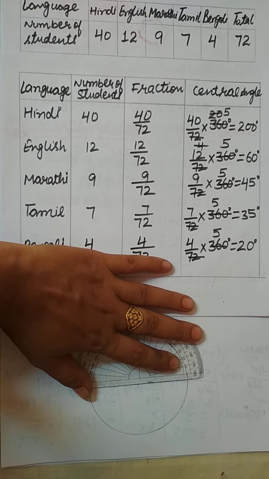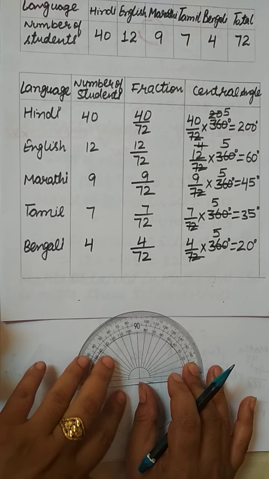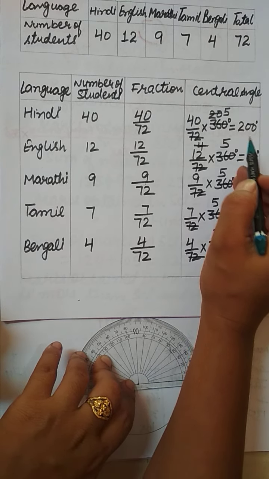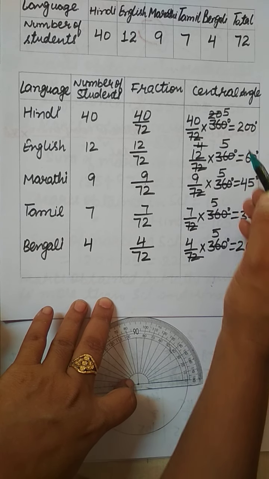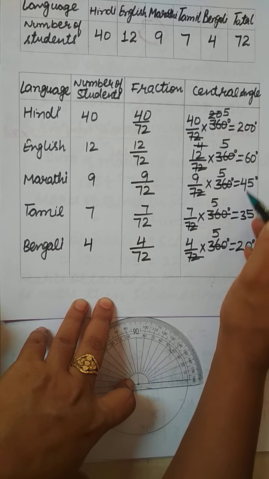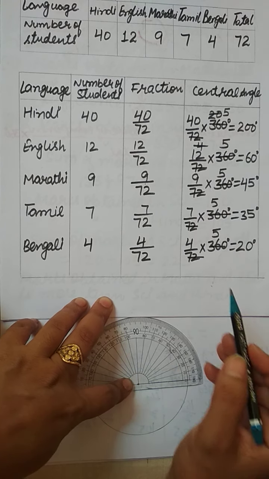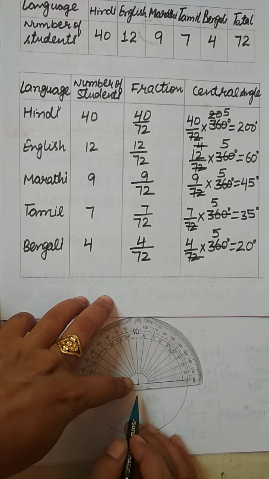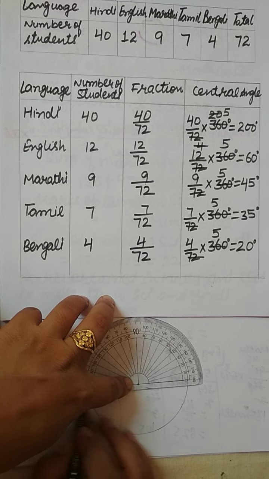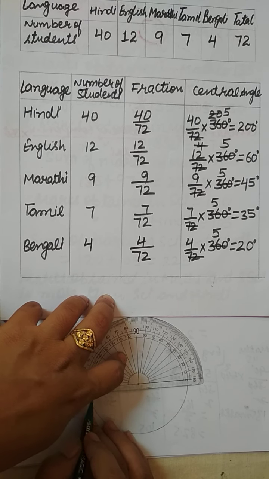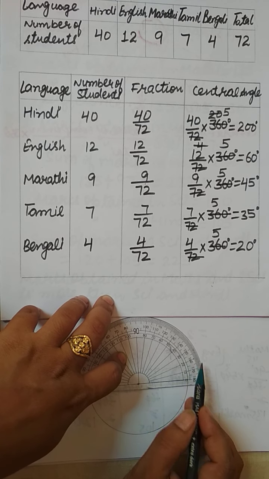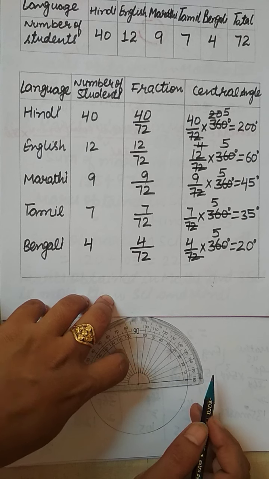Here I have drawn the radius of the circle. Now I will mark the angles. As our first angle is of 200 degree, or if you want to draw the angle of 200 degree, firstly you can mark the half semicircle and then from that 20 degree more than half, that will be equal to 200 degree.